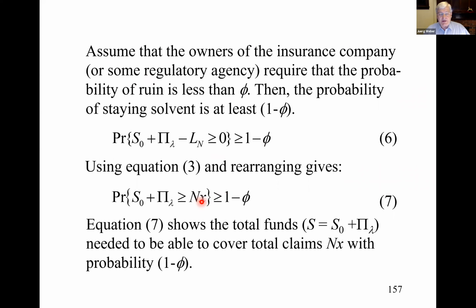So write it like this. So it says exactly the same thing as equation 6. So available funds here, initial capital plus premium income, total premium income including the loading. This must be bigger than the expected losses, or bigger than the losses. And the probability of that should be bigger than 98%.